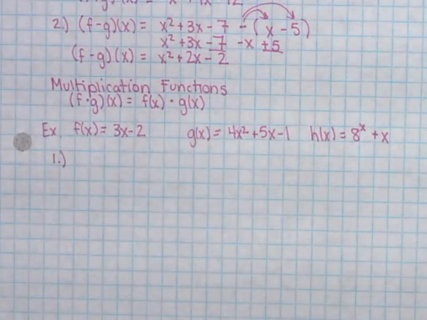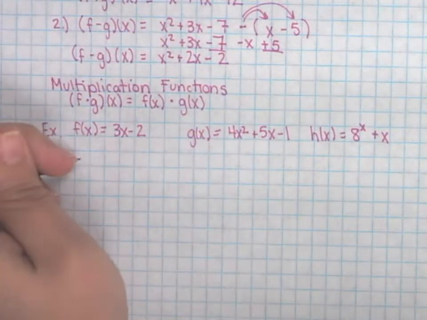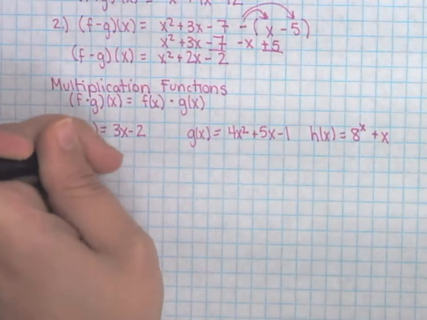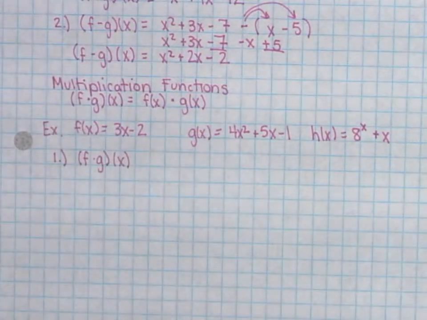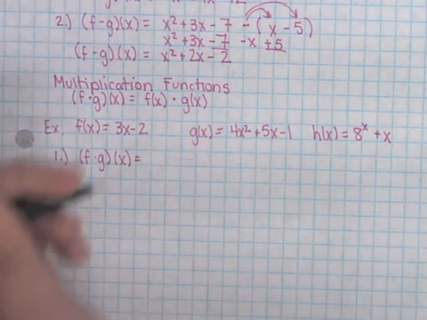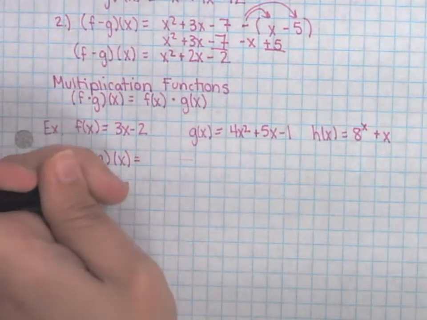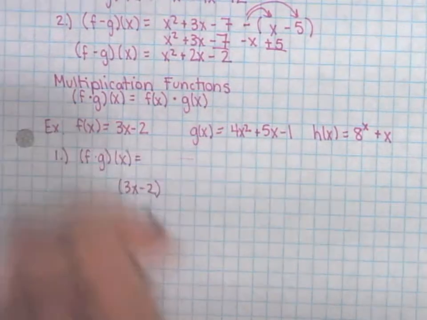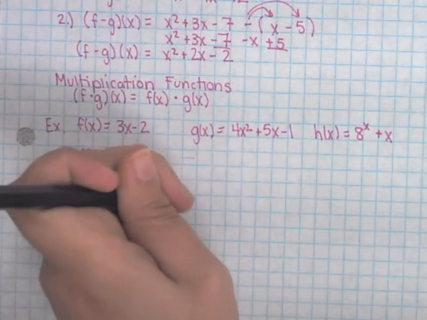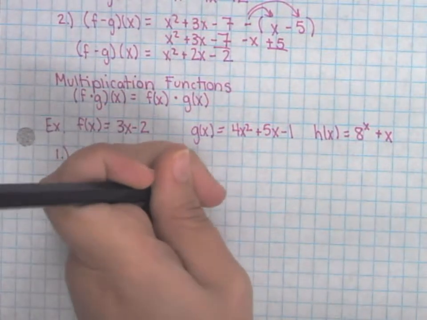So problem number 1, we'll start off easy, is f times g of x. So I like to leave that blank, leave this space open, because then I can just write my answer there. So then f is 3x minus 2, put it in parentheses, multiply it in parentheses by 4x squared plus 5x minus 1.